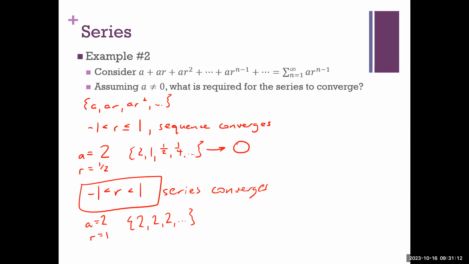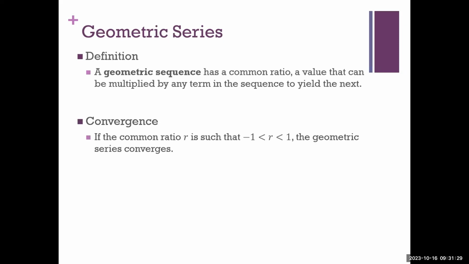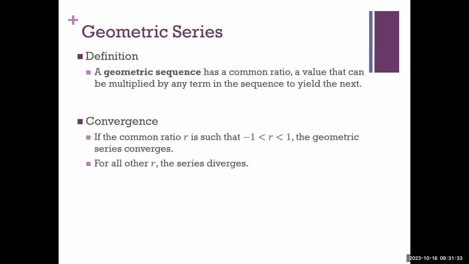That's something we'll talk about in more detail in a little bit, but hold on to that thought. So the big takeaway for geometric series is that they converge when R is strictly between -1 and 1. So this is kind of exactly what we did.